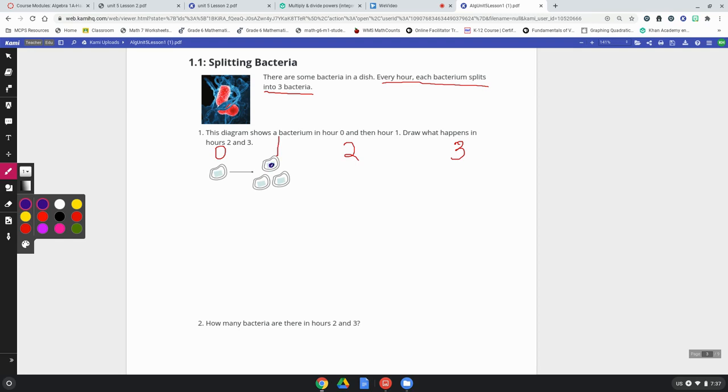This bacterium right here splits into 3. This one splits into 3. This one splits into 3, for a total of 9. Each of the blue ones splits into 3.